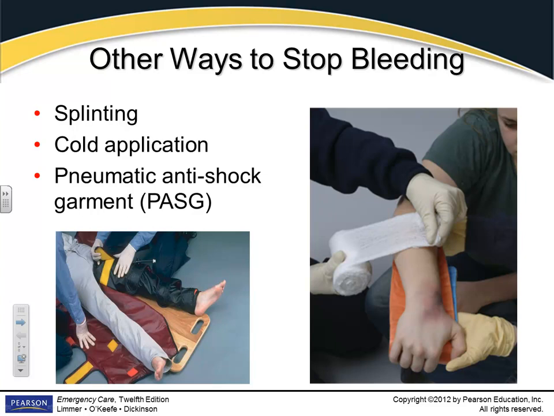There's one other thing called a pneumatic anti-shock garment, PASG. There's another mnemonic also, which is MAST. MAST stands for Military Anti-Shock Trousers. PASG is pneumatic anti-shock garment. And if you see this lower part down here, this is the MAST trousers.